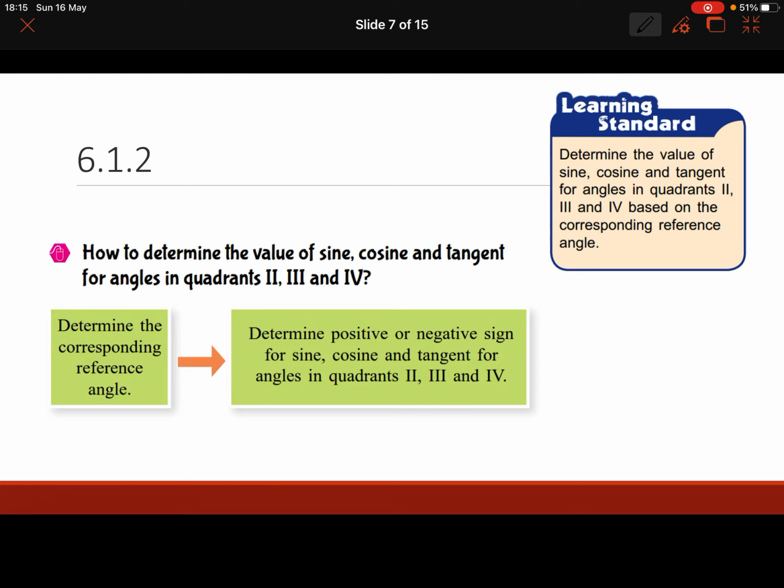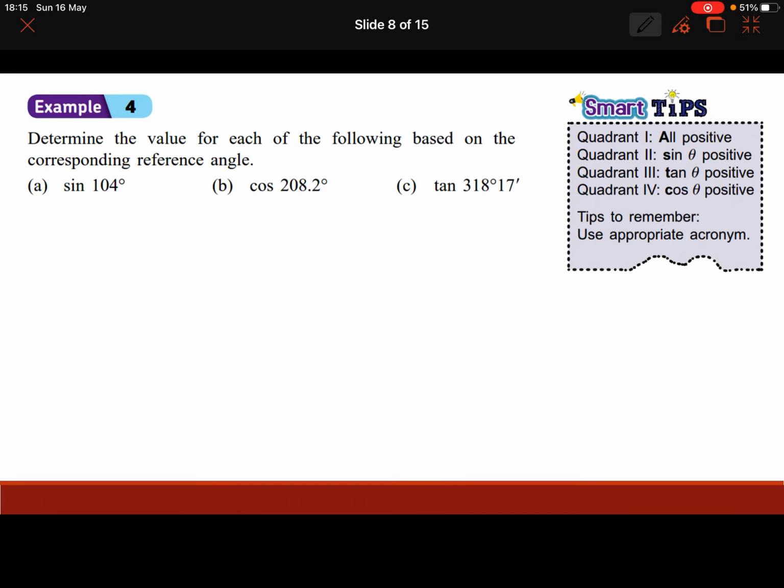6.1.2, determine the value of sine, cosine and tangent for angles in quadrants 2, 3 and 4 based on the corresponding reference angle. Okay, how do we determine the value? So we determine the positive or negative sign for sine, cosine and tangent for angles in quadrant 2, 3 and 4. For example here, how do we determine the value for the first one, sine 104?